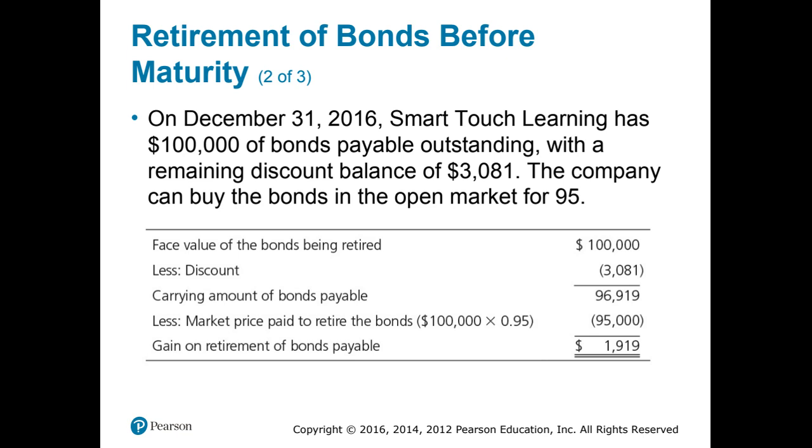So here we have the face value of the bonds being retired, which is $100,000, less the discount of $3,081 equals our carrying amount of bonds payable of $96,919. Then we're going to take out the market price, which was $95,000, and to find that, we take the $100,000 times 95% gave us the $95,000, and then that leaves us with our gain on retirement of bonds payable, and the gain is $1,919.